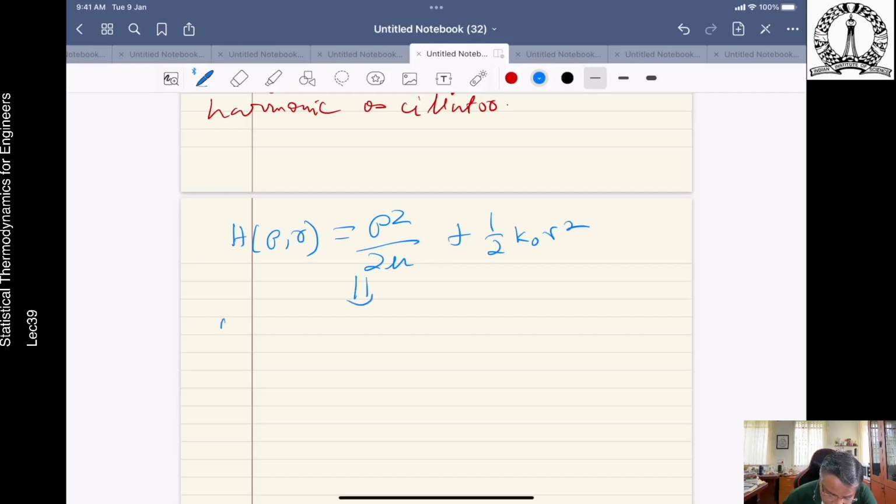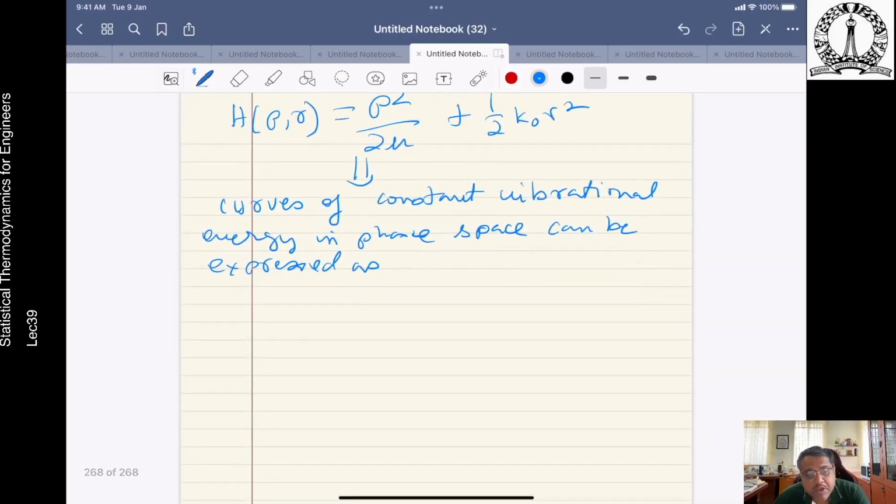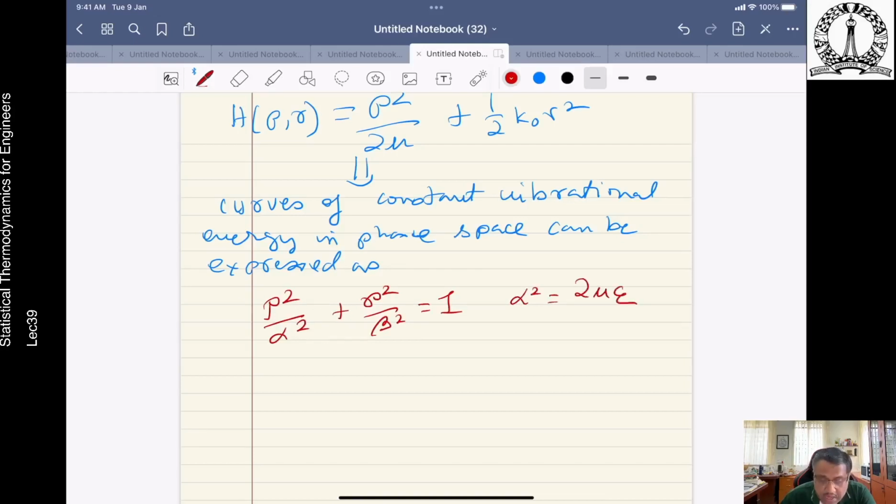From here, the curves of constant vibrational energy in phase space can be expressed as p squared over r squared plus q squared over theta squared equal to 1, where r squared is equal to 2 mu E and theta squared is equal to 2E over k.